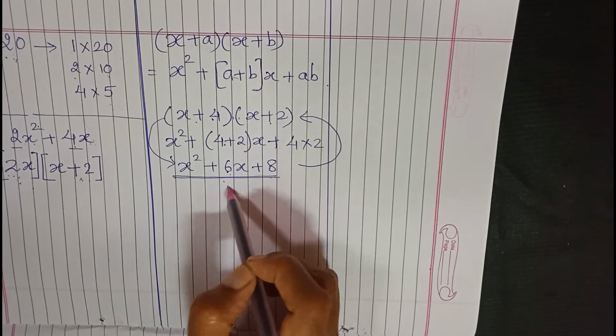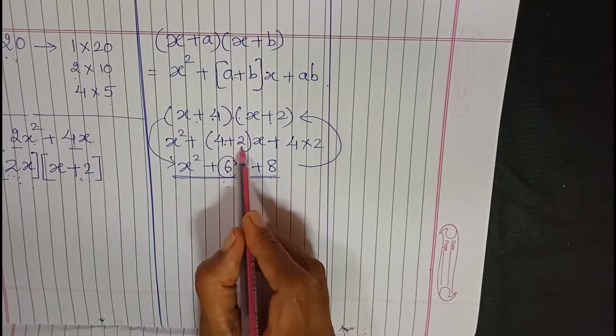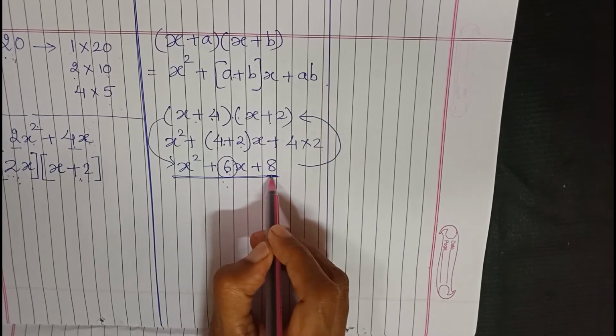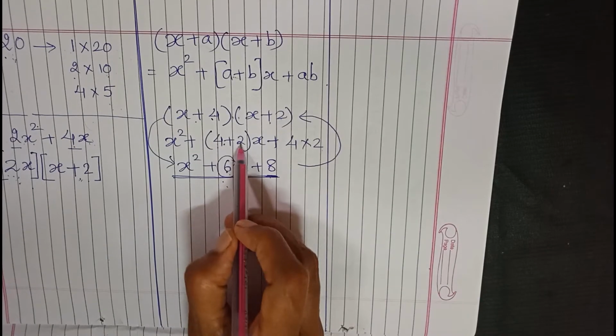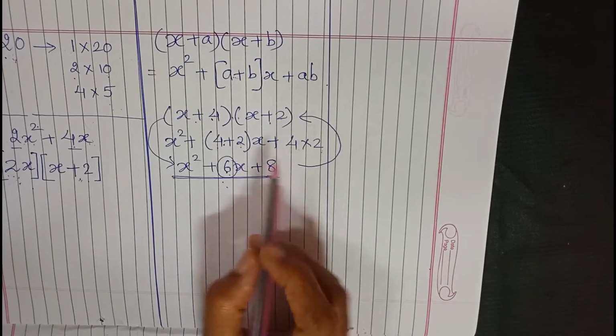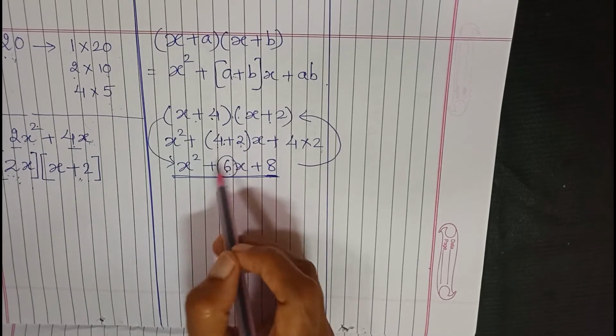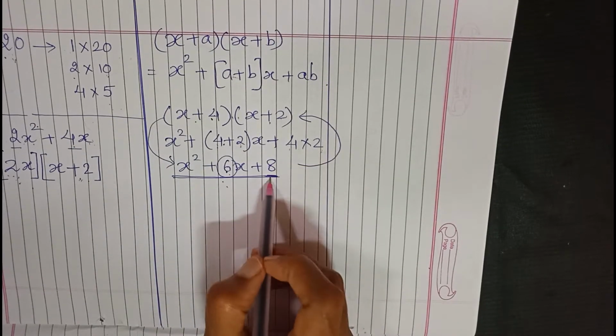The method remains the same. You can see this middle number is addition of two numbers and this last number is multiplication of the same two numbers. So you can see 4 plus 2 and 4 into 2. So we are not having different numbers here. The same numbers when added should give us the middle number and the same numbers when multiplied should give us the last number, right?